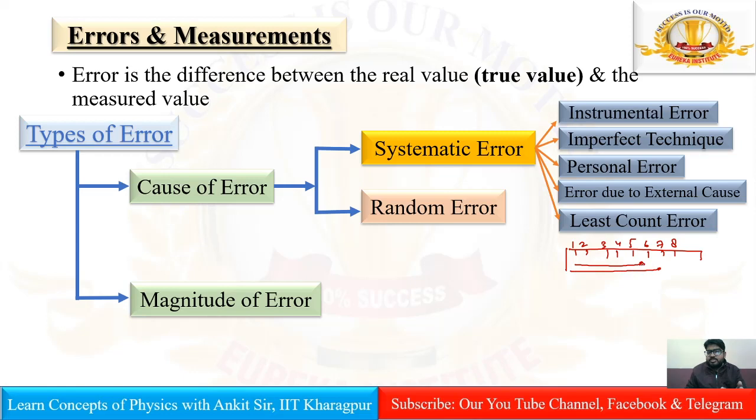So both these values are in between 6 and 7, and your instrument has a least count of 1 mm. So both these values, let's say A and B, may be assumed equivalent to 6, but these are not exactly 6 because this error is encountered due to the least count of the instrument. If your instrument has a smaller least count, say 0.1 mm, then you can easily measure this length. Now next is the random errors.